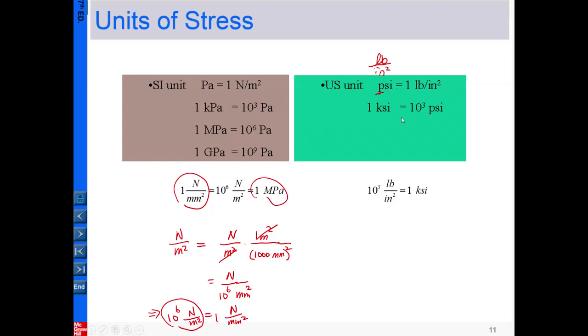And K means 1,000, and in traditional mechanics, KSI is a pretty common scale we will experience. So you will see KSI pretty often in this class.